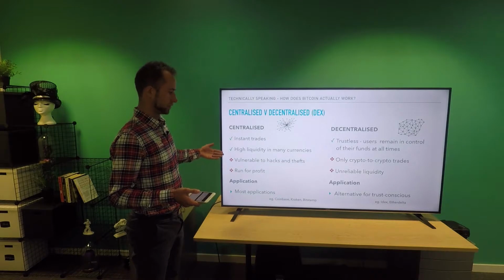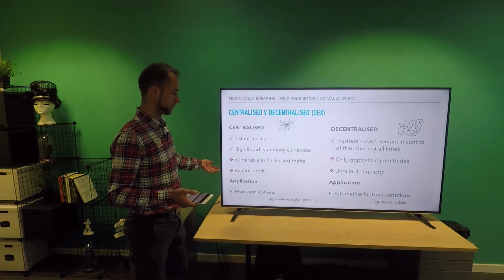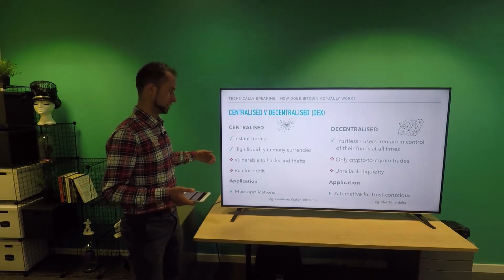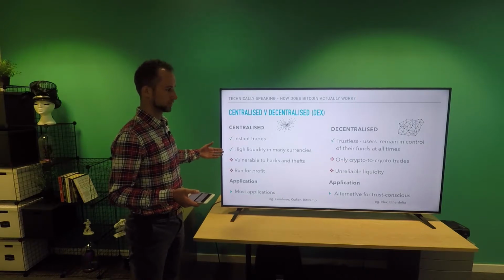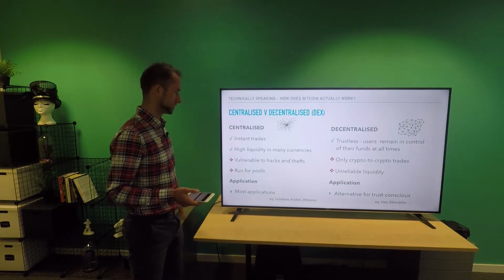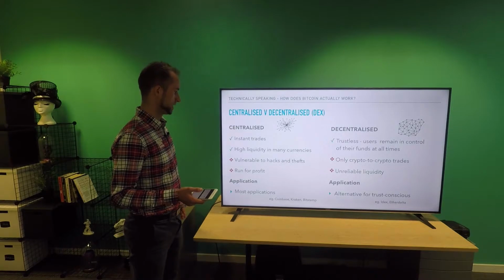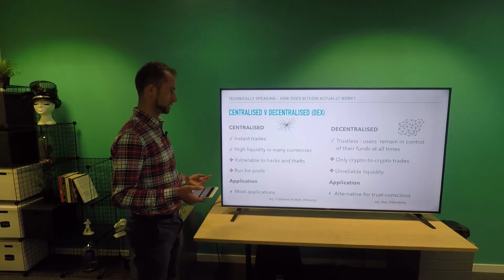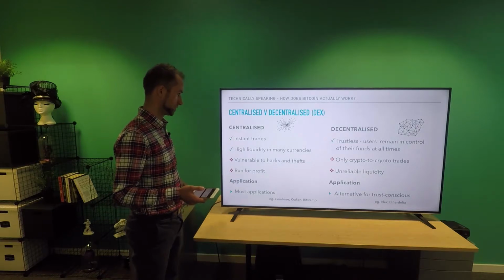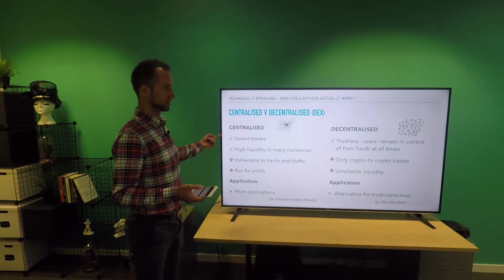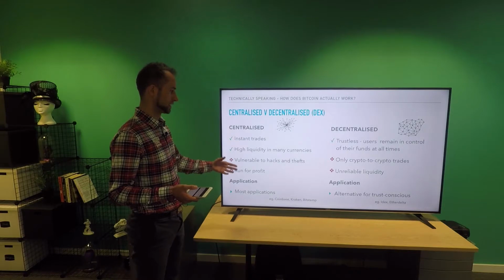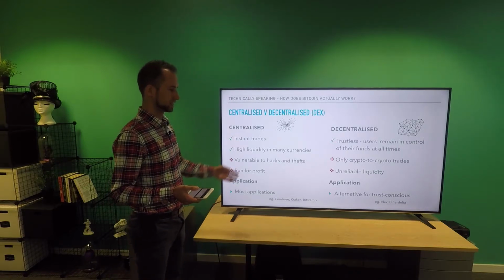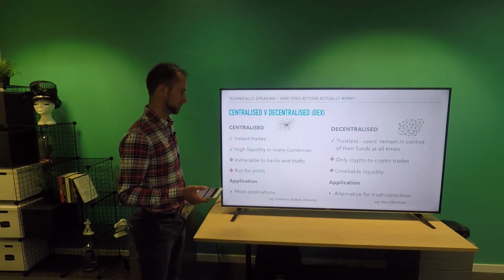So there is vulnerability there. They're also run for profit, so it's typically more expensive to trade on centralized than on decentralized trading platforms. But they have high liquidity in many currencies compared to decentralized, so that's a plus, and they're much faster. The trade itself is instant, whereas in decentralized it's not instant.